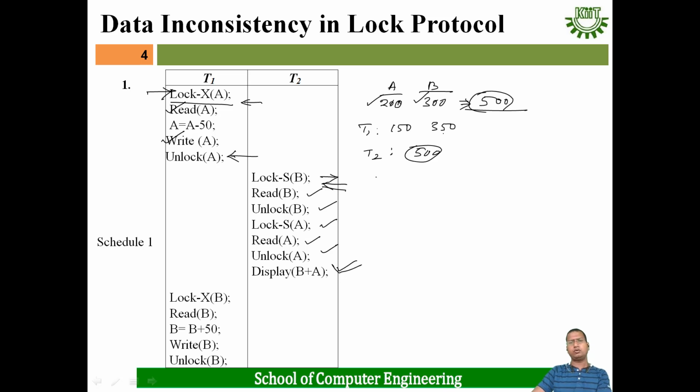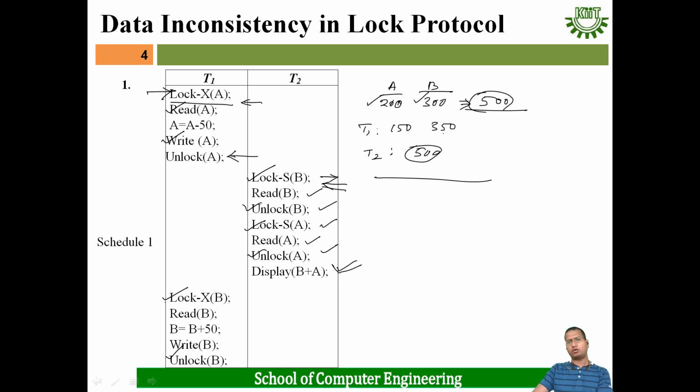When we execute concurrently, the locks have been applied properly. That means lock, then unlock. Here it has requested a lock and then unlocked. Similarly, here it has requested lock on B and unlocked B. Then if we apply the lock-based protocol, whether any problem exists in this schedule or not, we will see that.